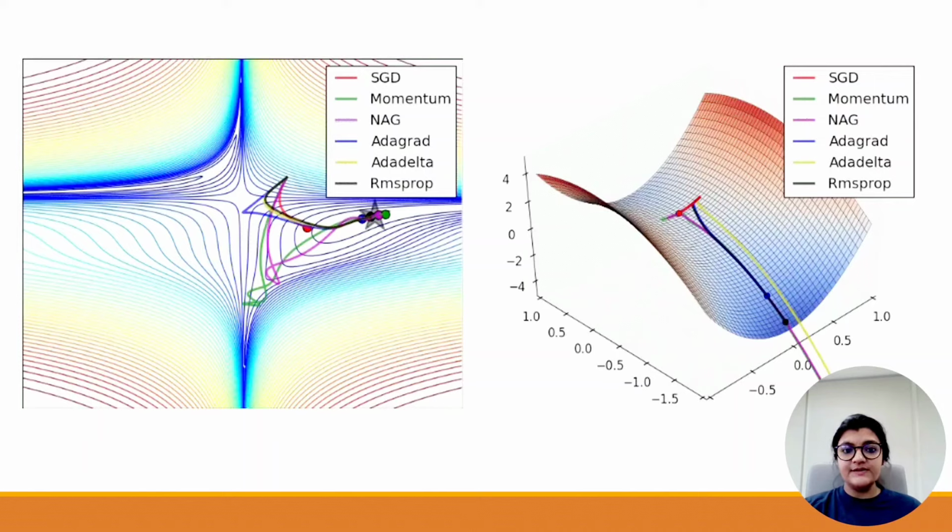Conversely, algorithms such as RMSprop will see very low gradients in the saddle direction. Due to the denominator term in the RMSprop update, this will increase the effective learning rate along the direction, helping RMSprop proceed.